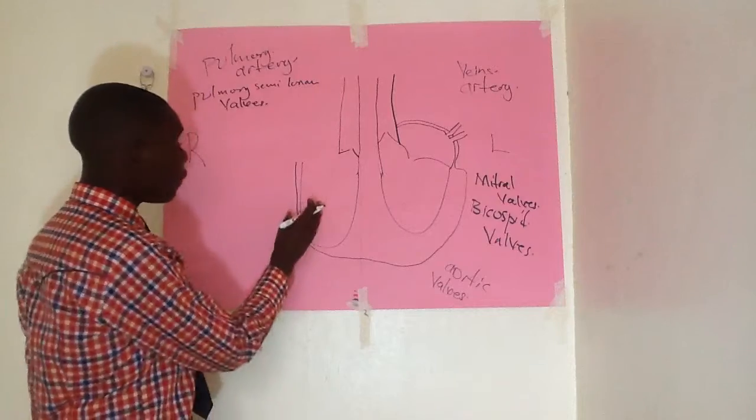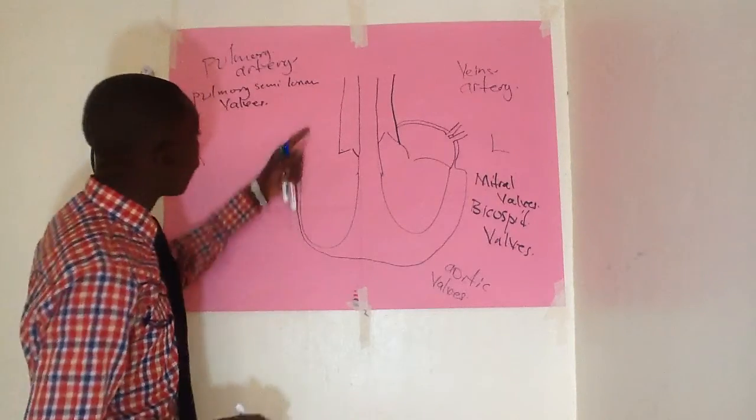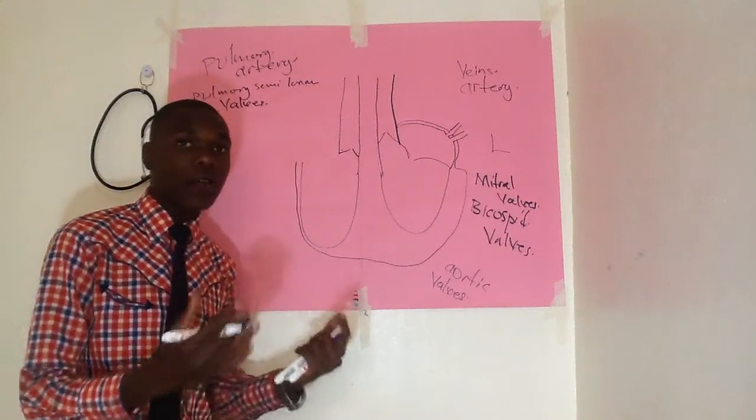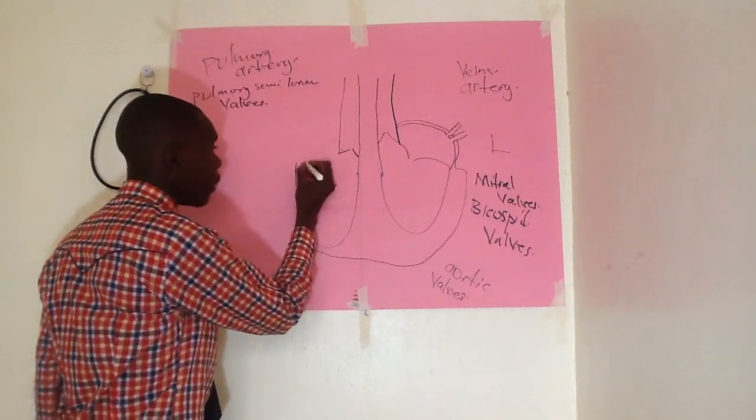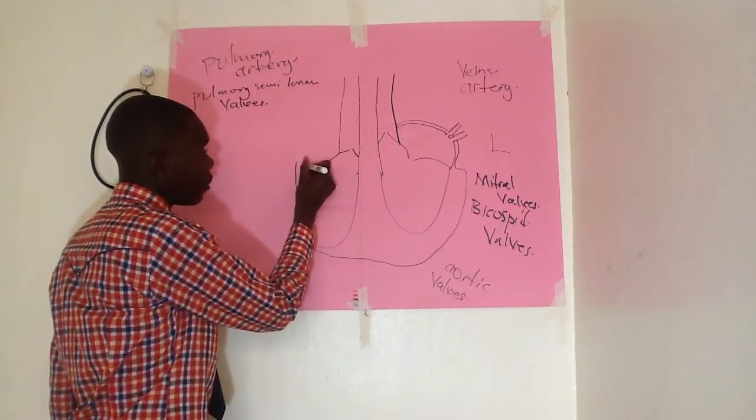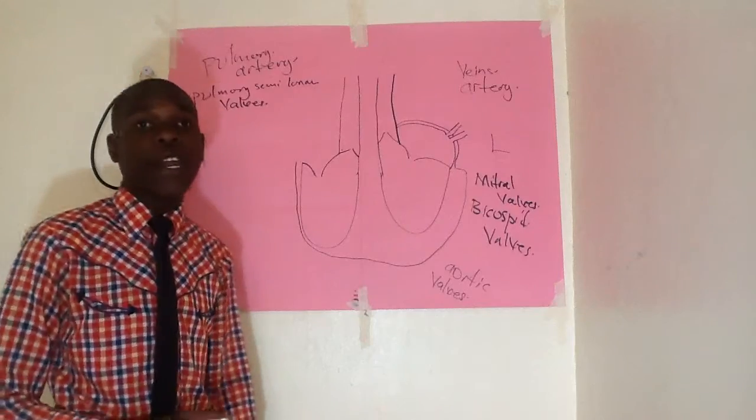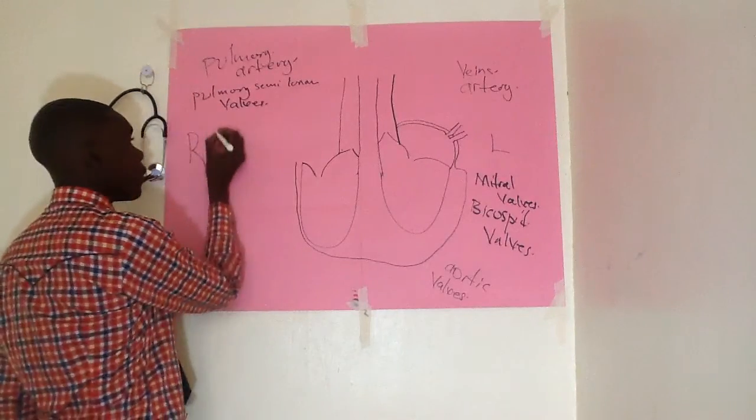Then the right ventricle is separated from the right atrium by a set of valves that move down the way, and they are known as the tricuspid valves.